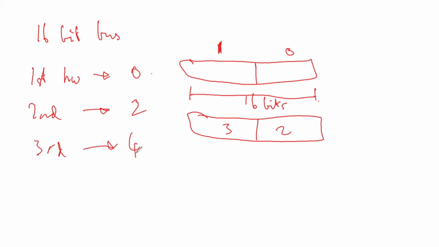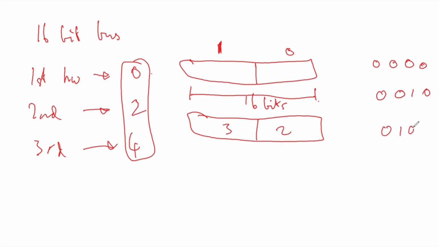Okay, so if you were to write these addresses as binary, the bottom 4 bits would be zeros, 2 would be like that, and 4 would be like this. So you notice that this bit here isn't changing, it's always 0.